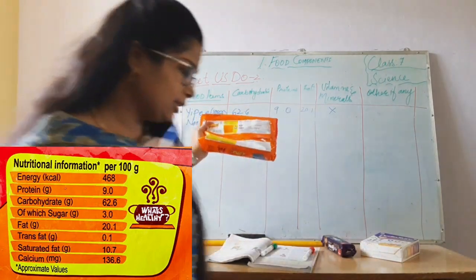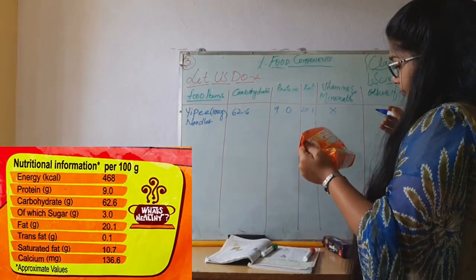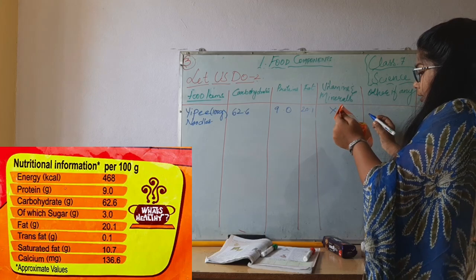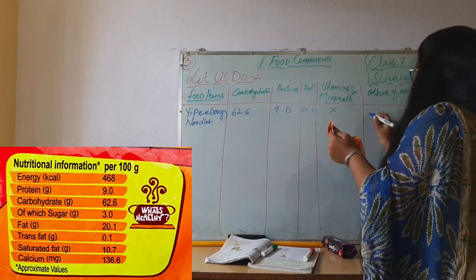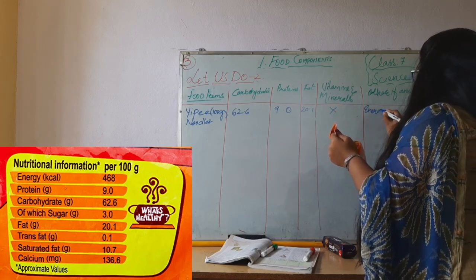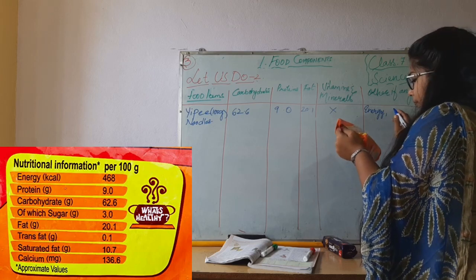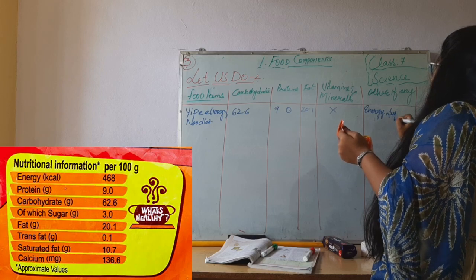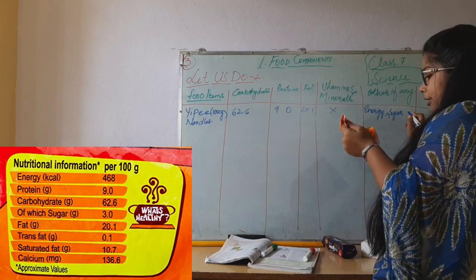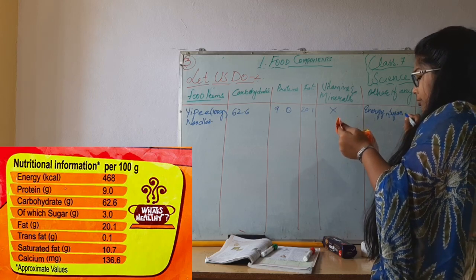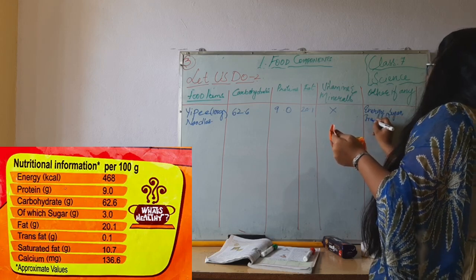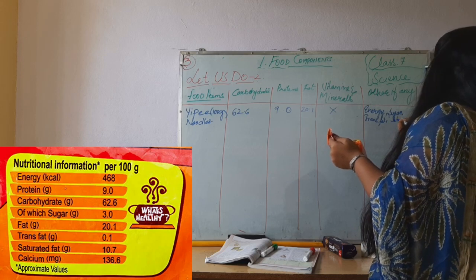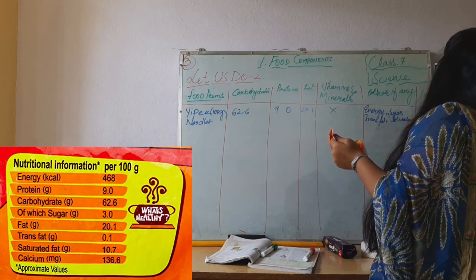So let's write. Energy they have given. Carbohydrates will give more energy, of course. And sugar, trans fat, saturated fat are added here.